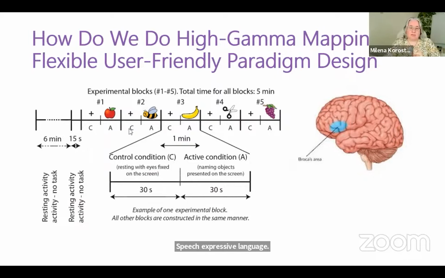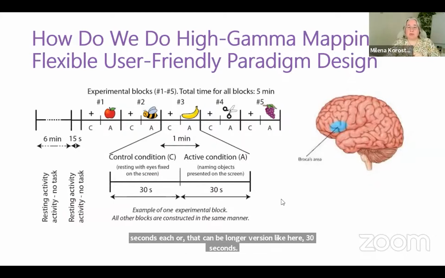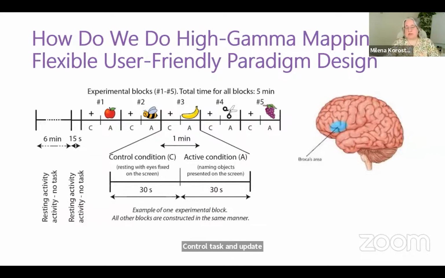It can be 30 seconds altogether or 15 seconds each, or there can be a longer version like here, 30 seconds. Control task and active task, and we can repeat it several times. Usually it's suggested to do it 3 times to make sure that the results are concordant with each other.